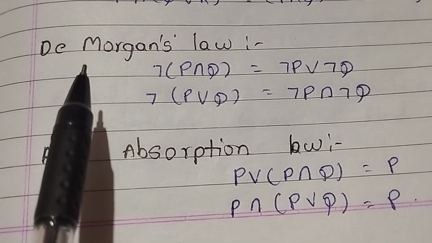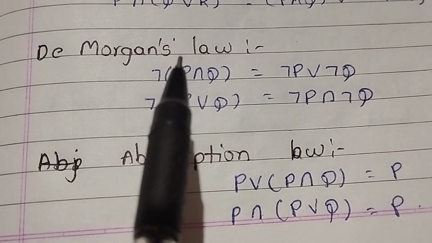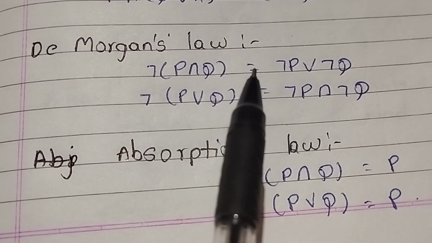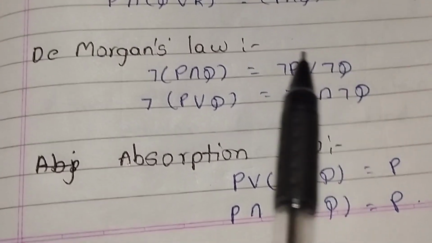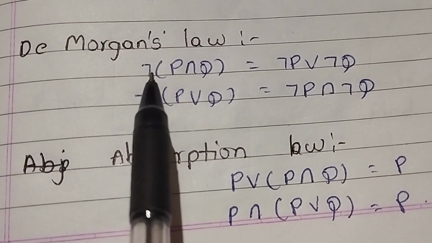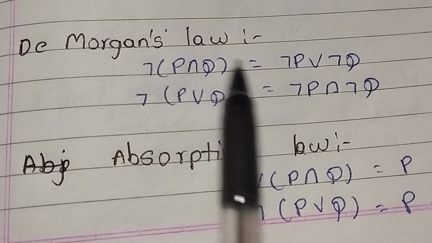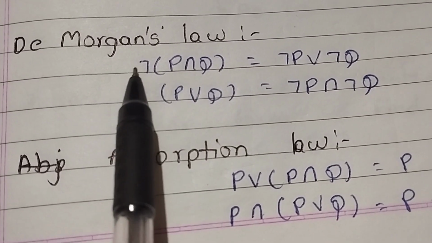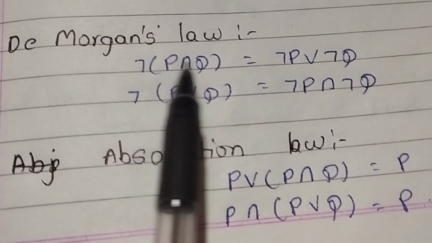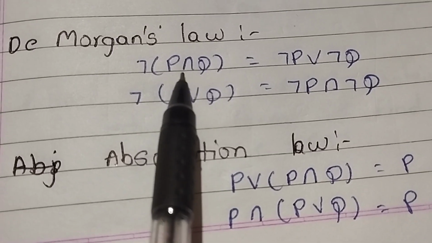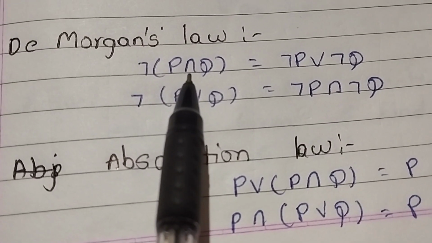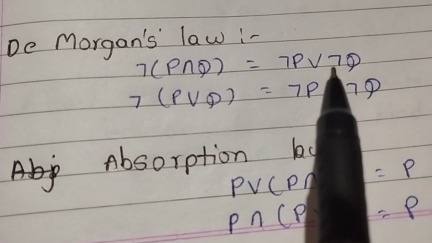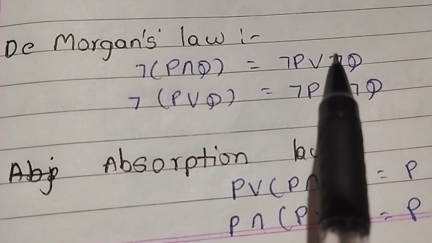Now De Morgan's law. Negation of P and Q is equal to negation P or negation Q. Here we multiply the bracket with the negation, meaning the negation goes into the bracket and changes the connective. If and is present in the bracket, then the output is or.